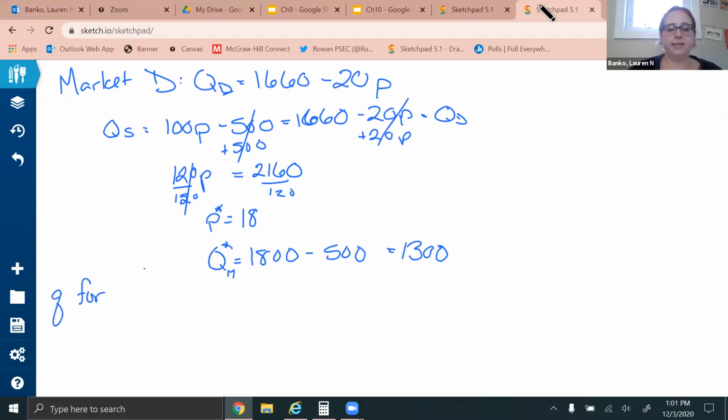I can also ask here, well, what quantity will each firm produce and sell for each firm? Can anyone see this? How much would each firm produce?